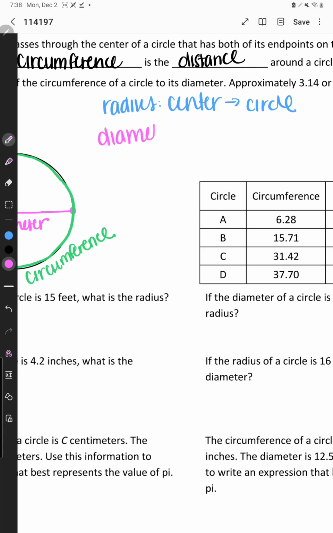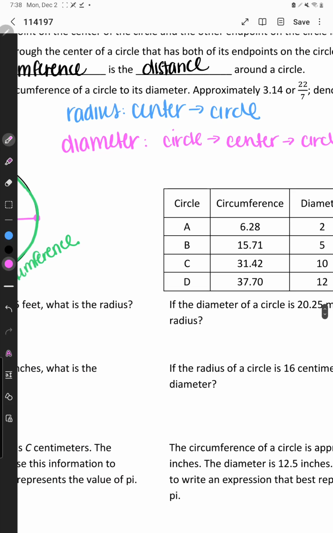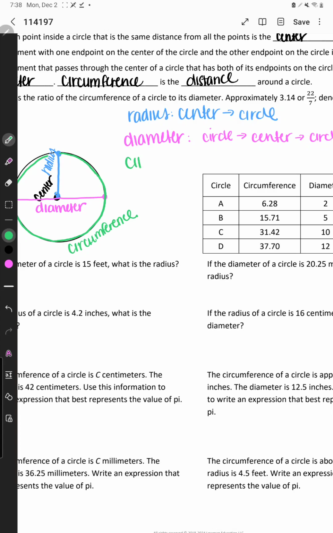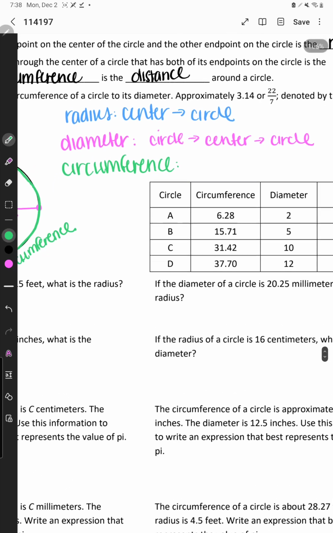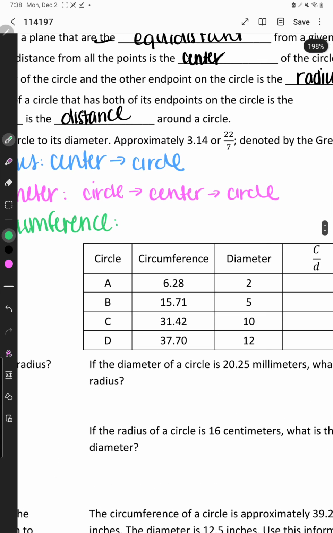Diameter is circle to center to circle. And then the circumference is going to be the perimeter.